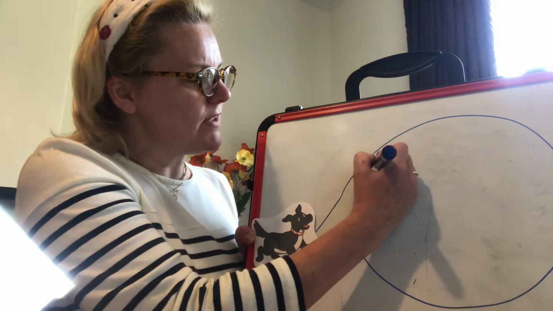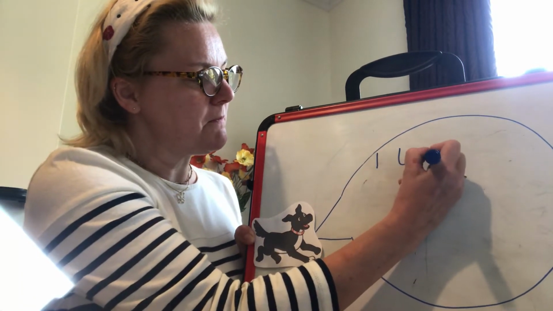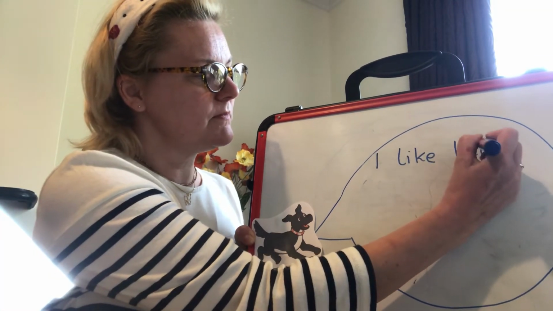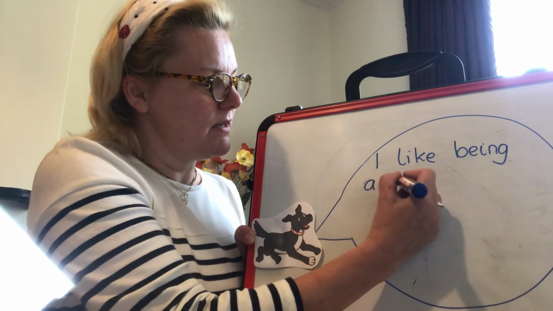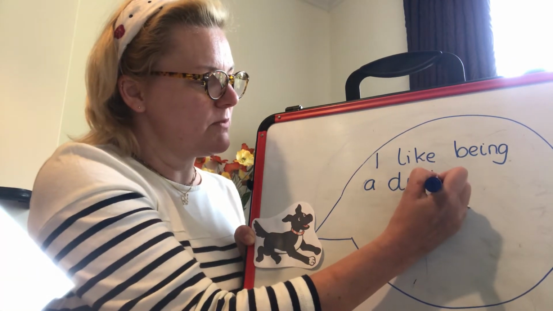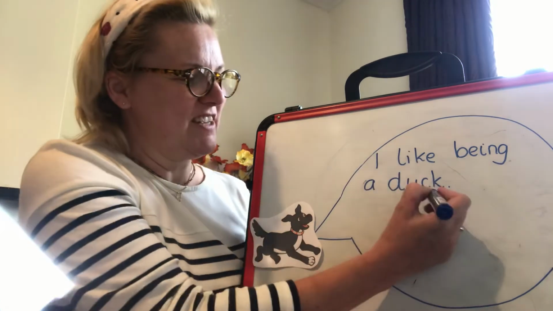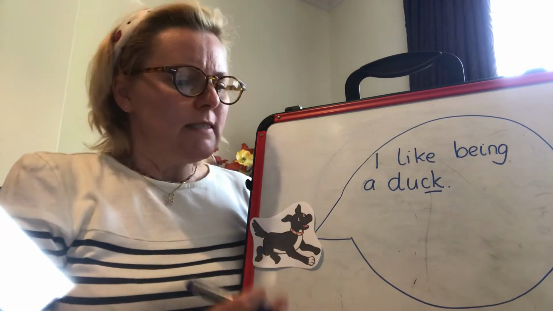So let's write that. I like, don't forget those finger spaces, will you? Being a duck. I wonder if anybody can spot my special friends there. I like being a duck, says the dog.